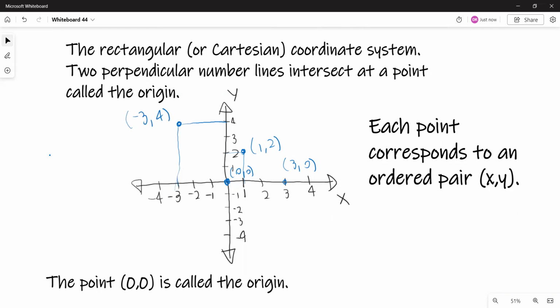A few more, where both are negative, are -2, -3. 0, -2. And one more is 4, -3, or 4, -4. So those are examples of points on the coordinate system.